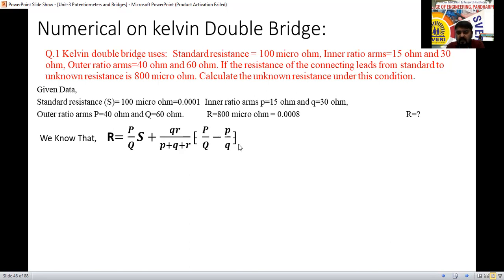All of you have the calculator? Will you tell the answer? See here, P is given, Q is given. All the values you know. Directly substitute them in the formula and calculate, and tell the answer to me.